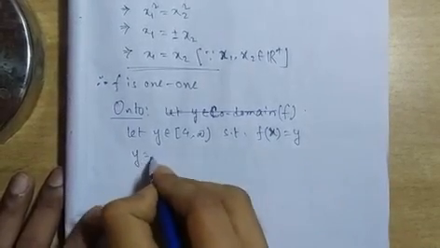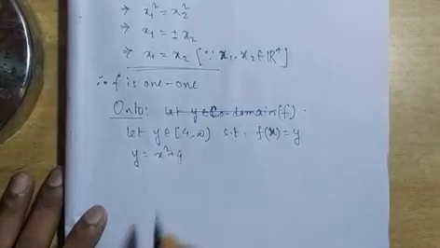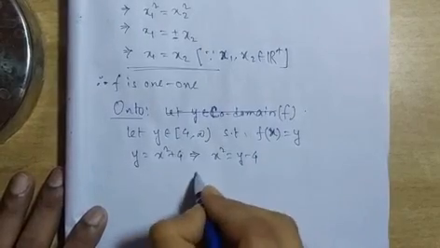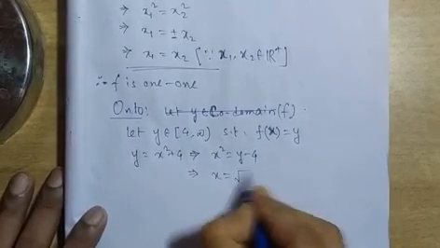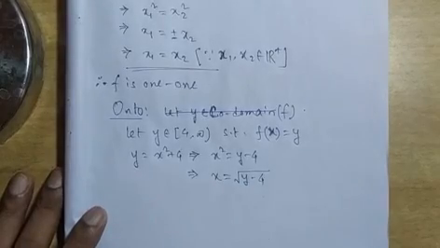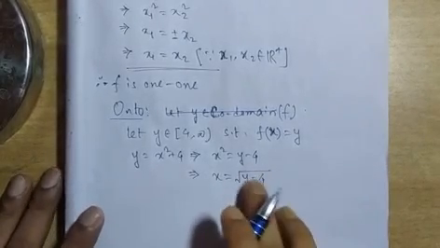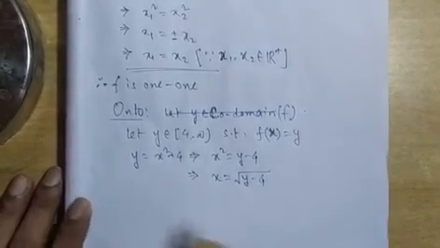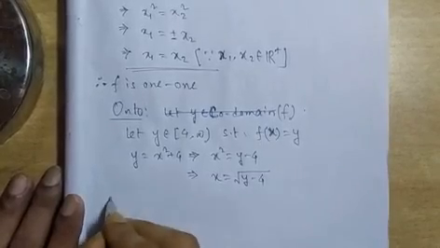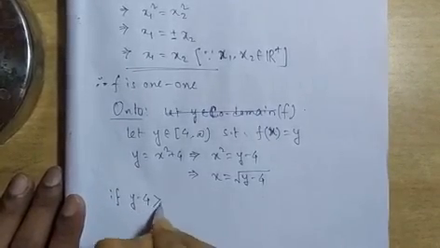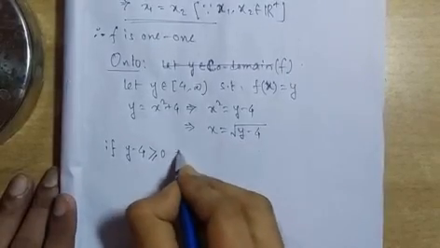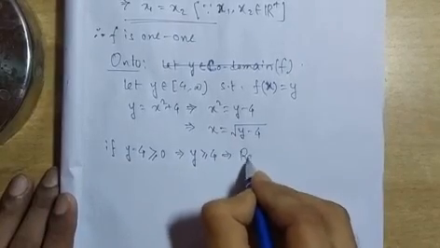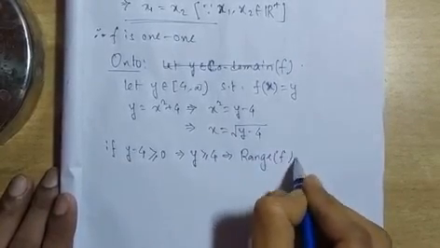So y means x square plus 4. That means x square will be y minus 4, and that means x will be root over y minus 4. Now clearly, since there is a root, the inside part y minus 4 should always be greater than or equal to 0. So if y minus 4 is greater than or equal to 0, then always y will be greater than or equal to 4, and that means the range of f is what?